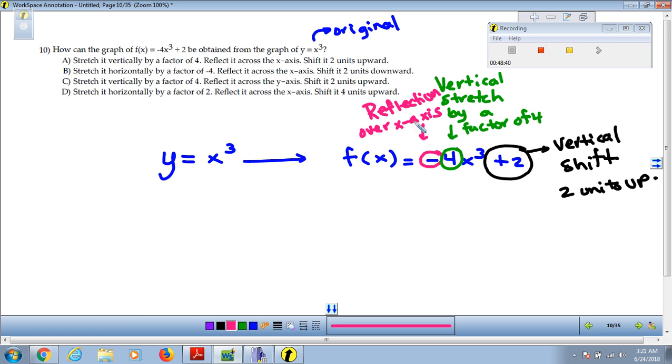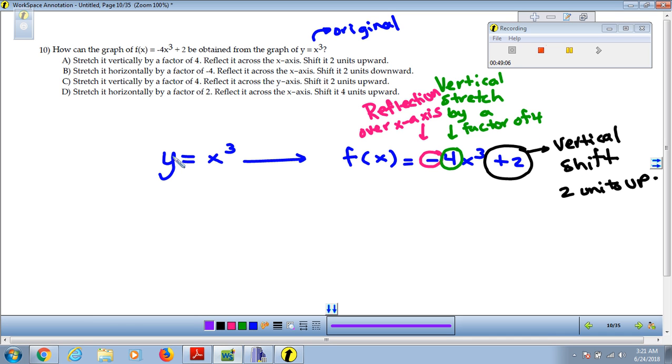When the negative is right in front of the function, in front of the function x to the third, although there's that 4, then it's a reflection over the x-axis. So here I basically gave you already the answer.